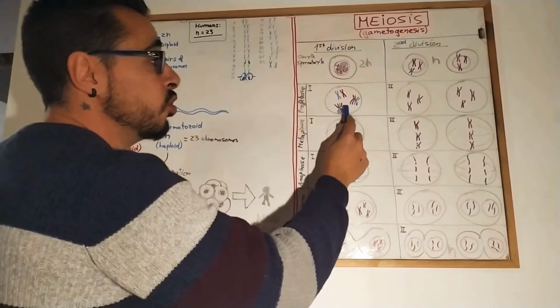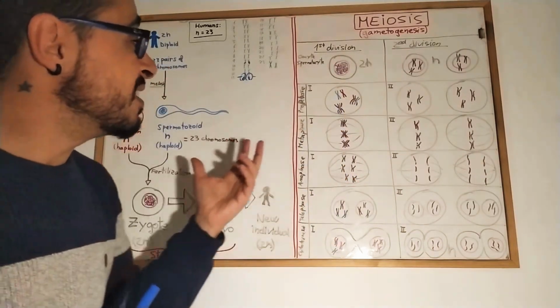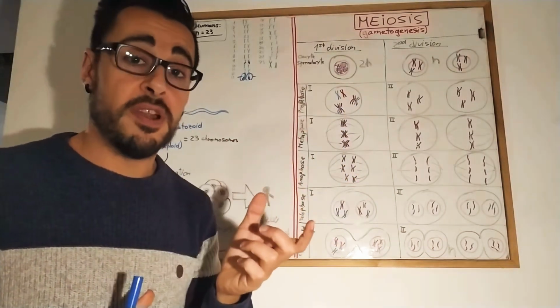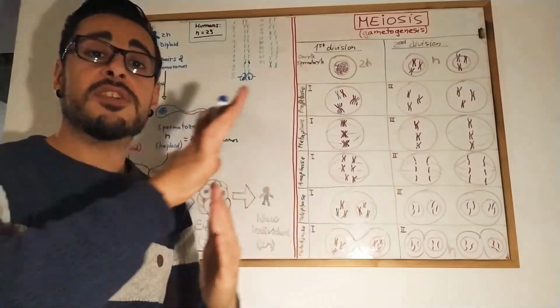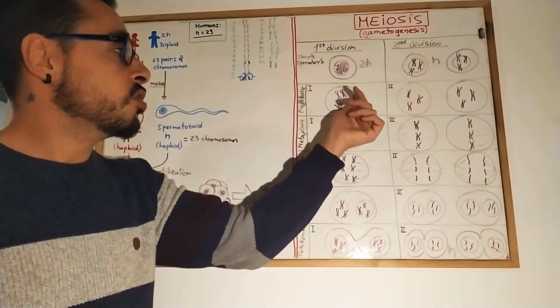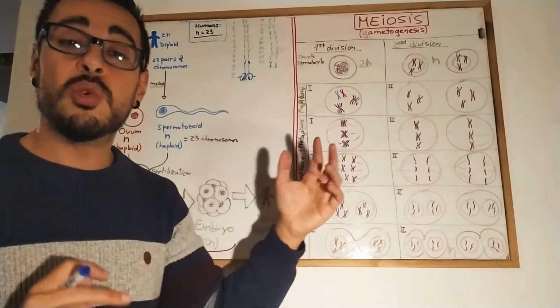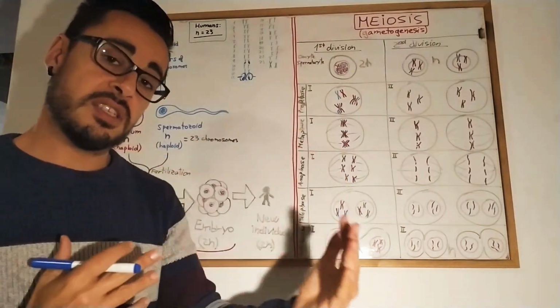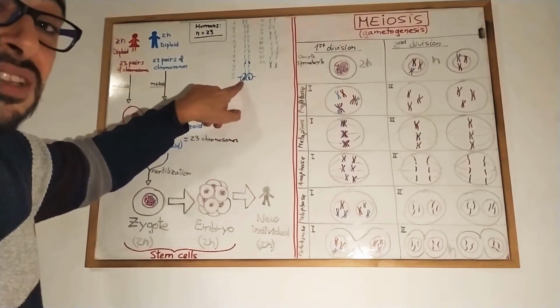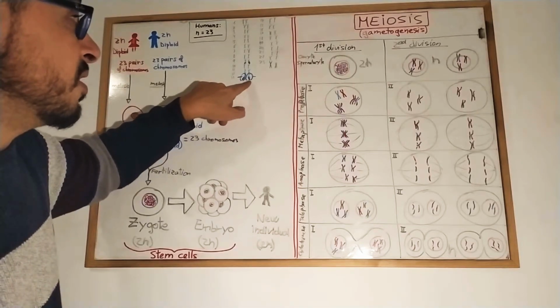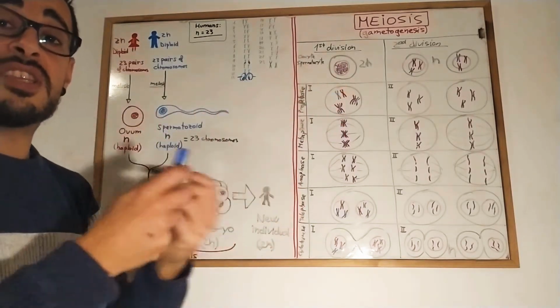They are going to do a process which is called crossing over. Crossing over is to interchange fragments of DNA. They are going to interchange genes, okay? Remember that they have the same gene, with different information, and they are going to interchange it.